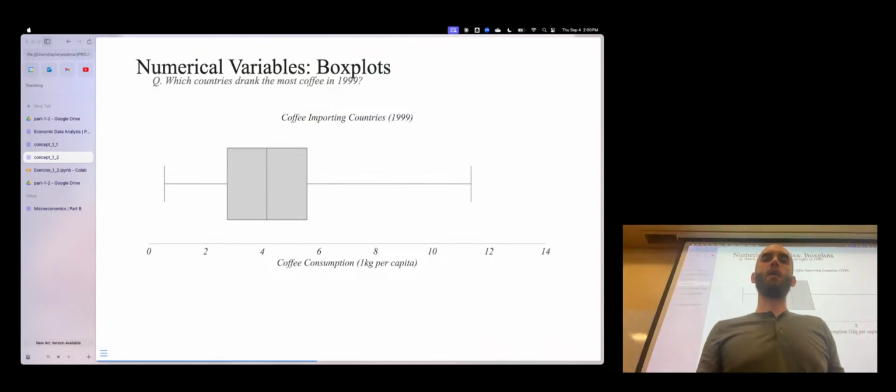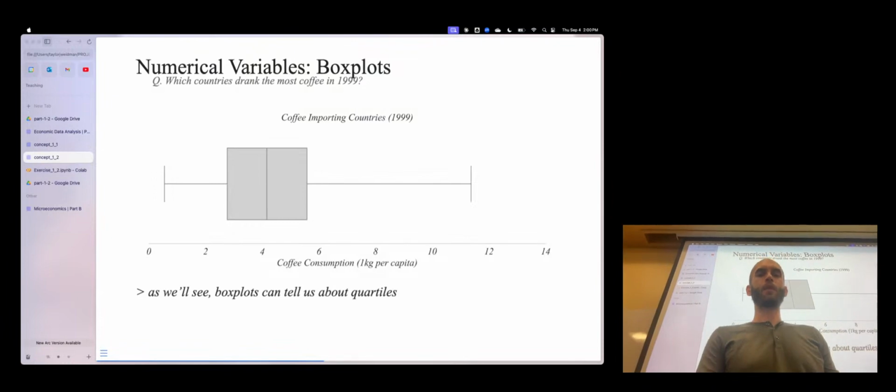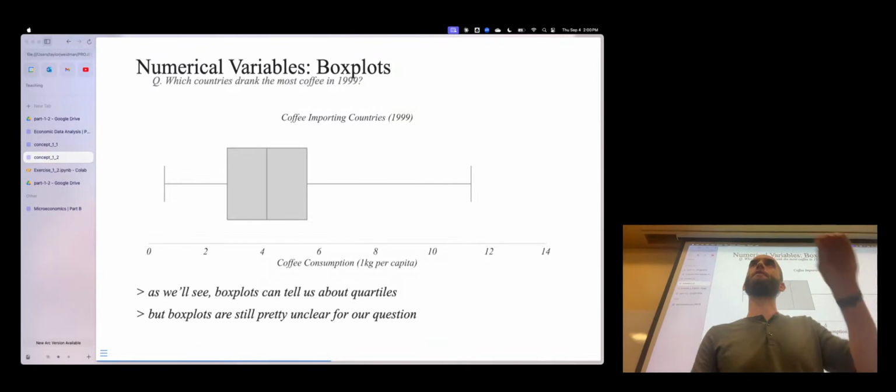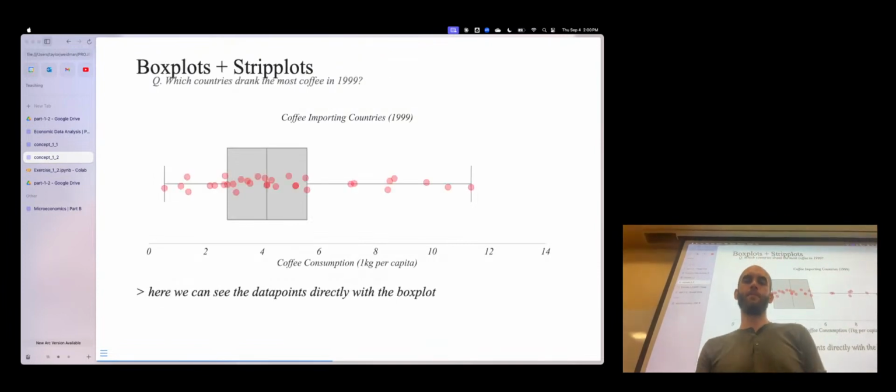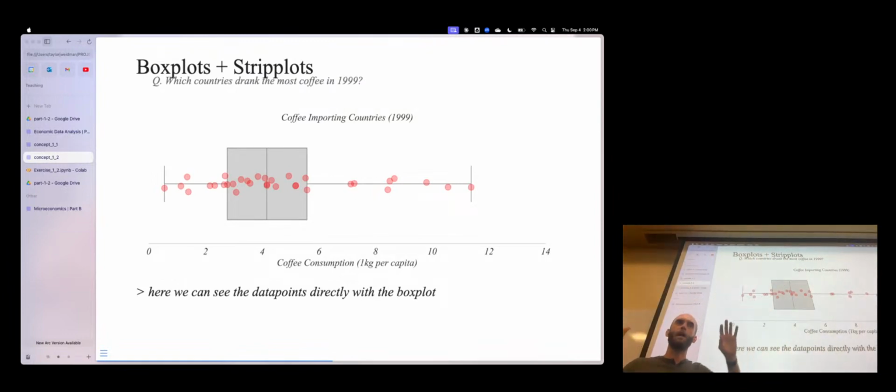So with a box plot, we're also going to use what's called a strip plot, which gives us the exact values, almost like a scatter plot. Box plots and strip plots are a really nice combination, which gives us underlying statistical measures, which allows us to answer questions about things like the average. But it also allows us to see exact values because we're actually plotting the exact data points on the box itself. I'm going to show you how to make these things in 2 lines of code.